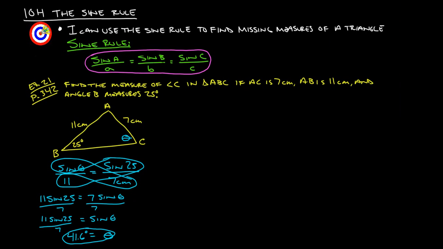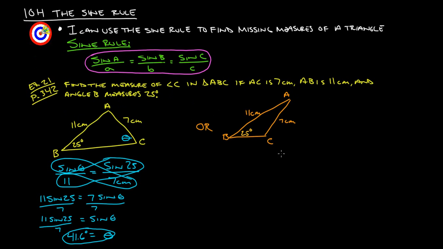Now, here's the tricky part. The triangle that we drew looks pretty accurate, and it's good, but the triangle could actually also look like this. This side AB is still 11, this AC is still 7, and angle B, which I should have written in, is still 25 degrees.